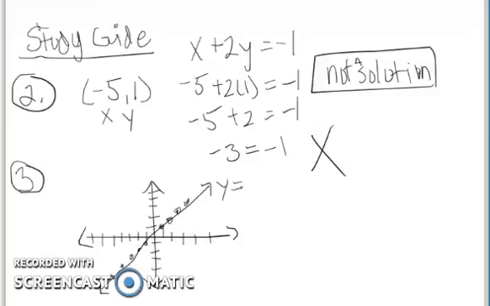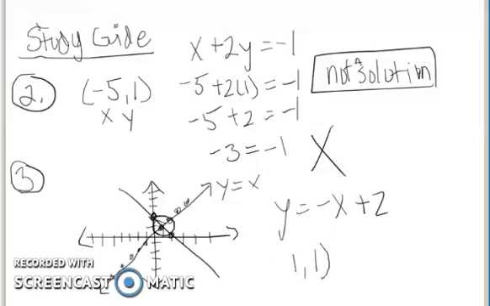Easy to graph. The next line is y equals -x plus 2. For this one, we get -1 over 1 as my slope, and I start at +2. So start at +2, go down 1 over 1, down 1 over 1. I'm going to get a graph that goes through here, and here's my point, and that's at 1, 1.